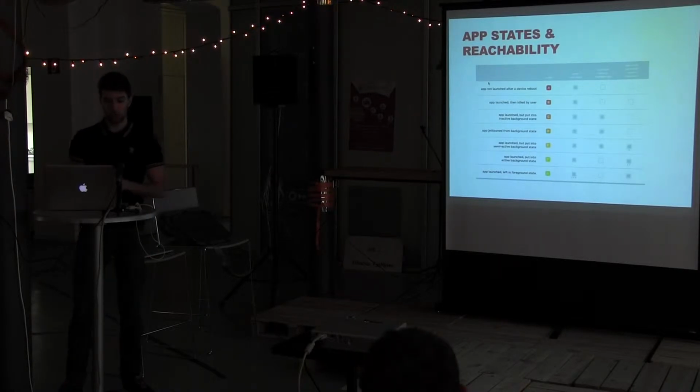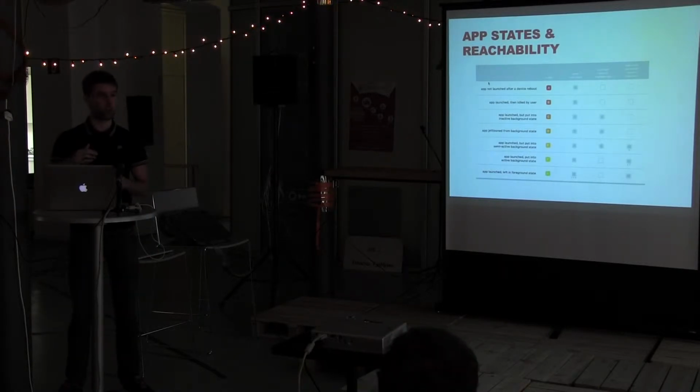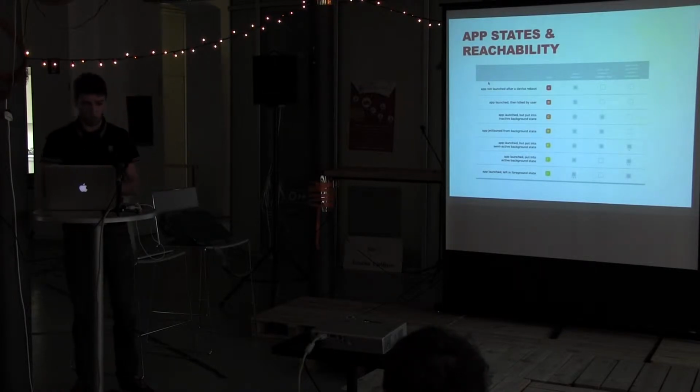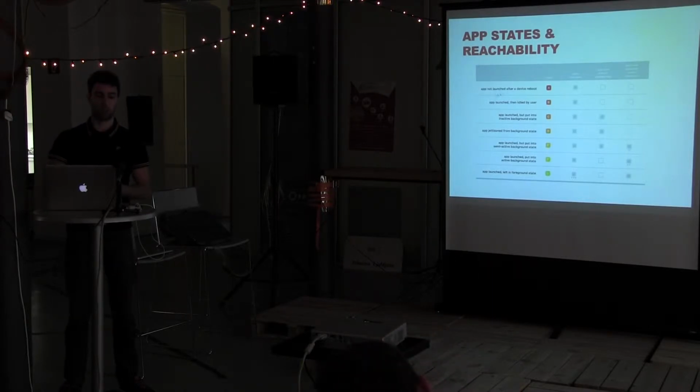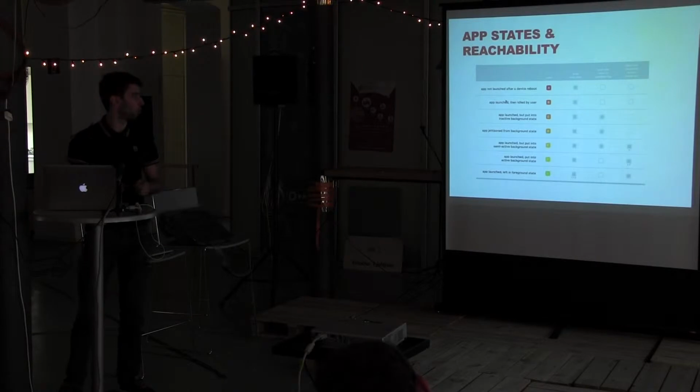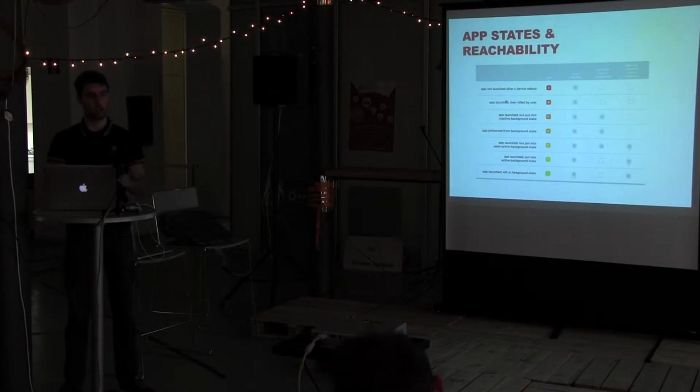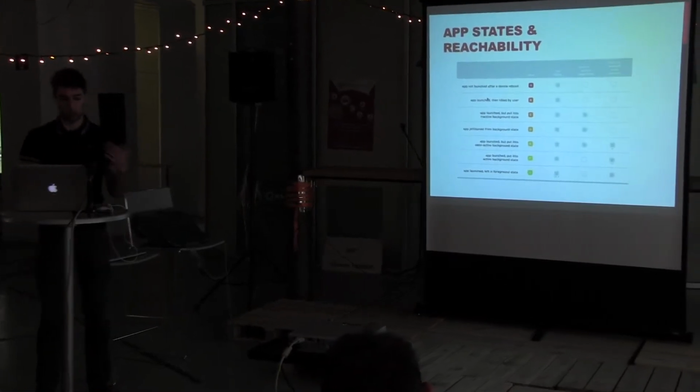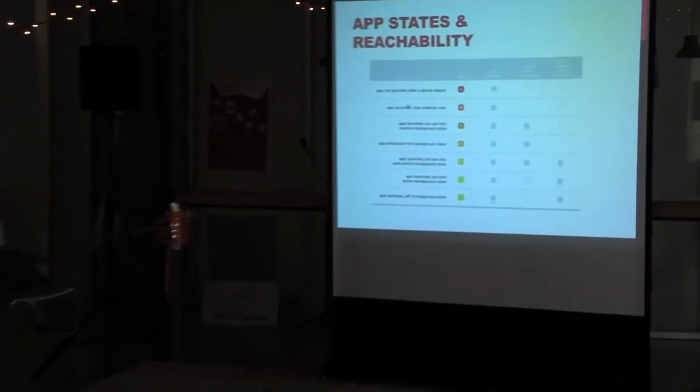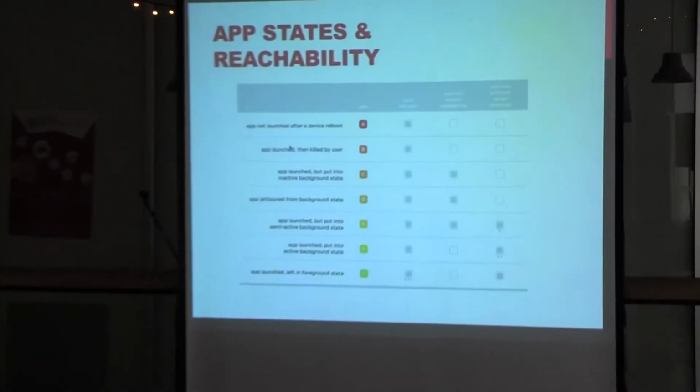So before we jump into that, let me talk about a few application states an iOS application can be in. There are a number of states, and the problem is with the first and the second state. These are the states when the application is not running and it was either killed by the user or the system hasn't launched it yet.